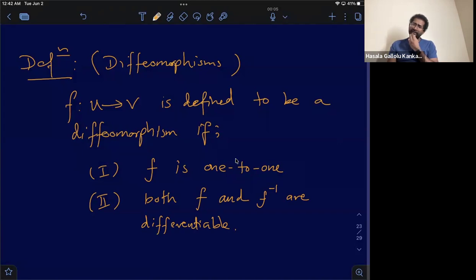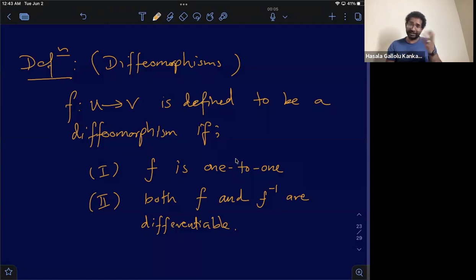Now, one should think, why are we imposing this f inverse? There are very simple examples where you can have very well behaved functions, but when you look at the inverse, it is not going to preserve that structure backwards. For instance, if you consider x cubed.